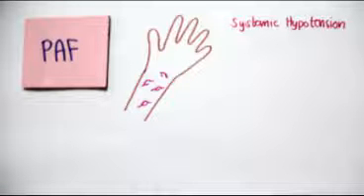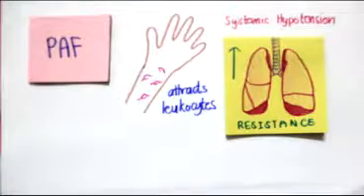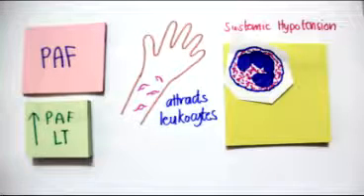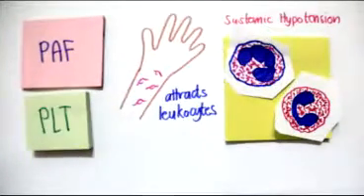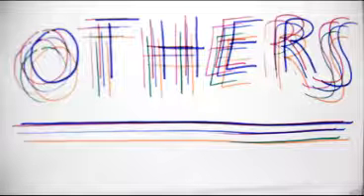Platelet activating factor induces wheal and flare skin reactions and systemic hypotension, increases lung resistance, attracts leukocytes, amplifies production of lipid mediators, and activates neutrophils, eosinophils, and platelets. Other preformed mediators are also packed inside the granules.